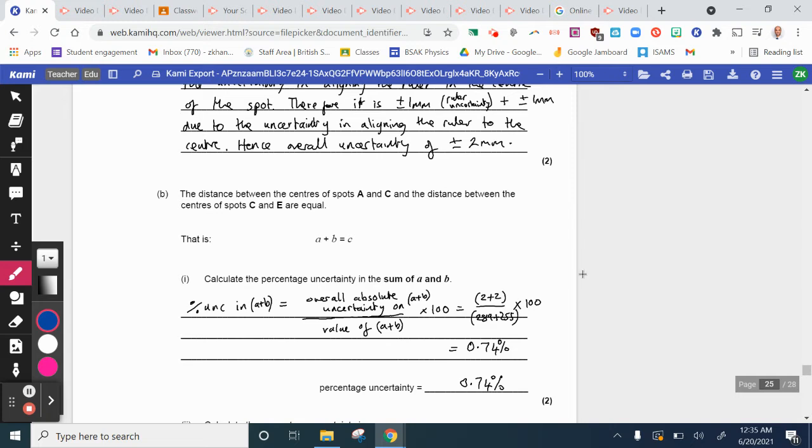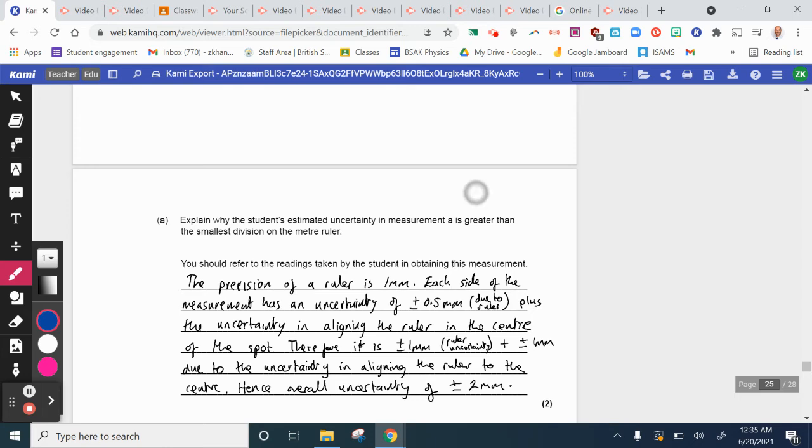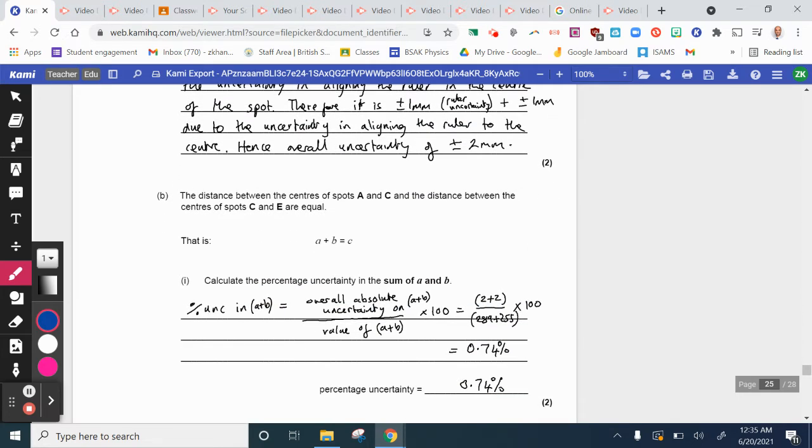The absolute uncertainty on A is 2, and on B is 2, so the overall uncertainty on A plus B is 4, divided by the sum of A and B, which is 544, times 100 to get it as a percent, which is 0.74%.